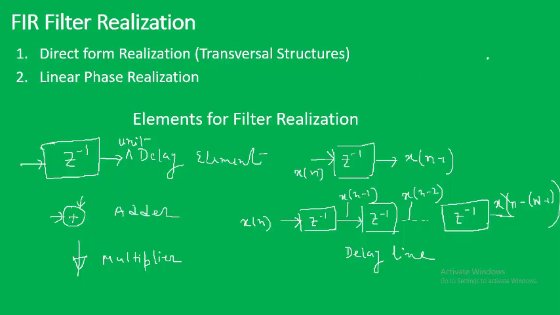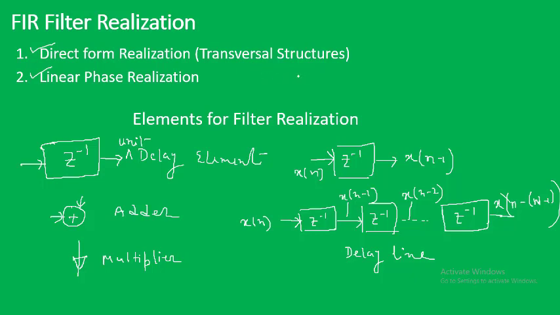To start with the FIR filter realization, there are mainly two types: direct form realization and linear phase realization. Direct form realization is also known as transversal structures.